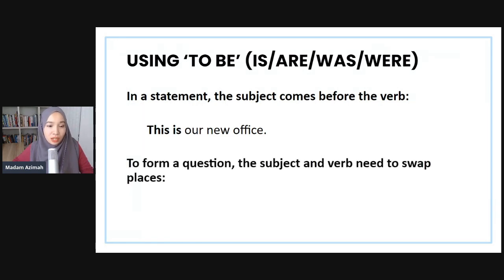But if you want to turn it into a question, the subject and verb need to swap places. So instead of this is our new office, we change it into a question: is this our new office? Simple, right? I'm sure you guys know this, so you don't have to write this down. But if this is difficult, then it's okay. You can write this down, but you'll get the slides anyway.